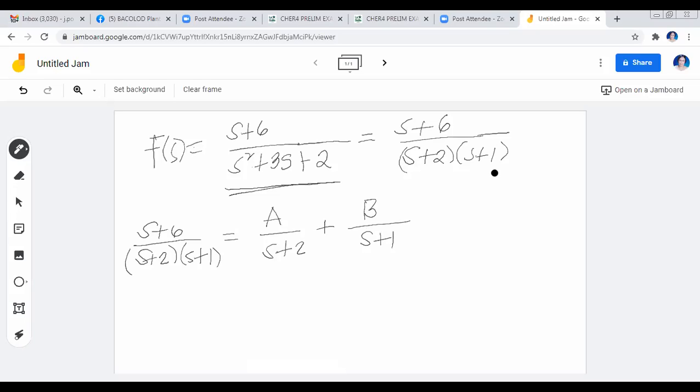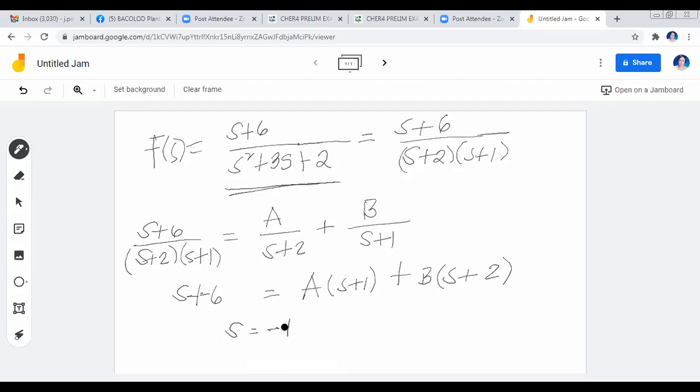If you have this expanded, s plus 6 equals A times s plus 1 plus B times s plus 2. Since you're dealing only with real roots, you just need to assign a value for s in which one of your terms will be set to 0.